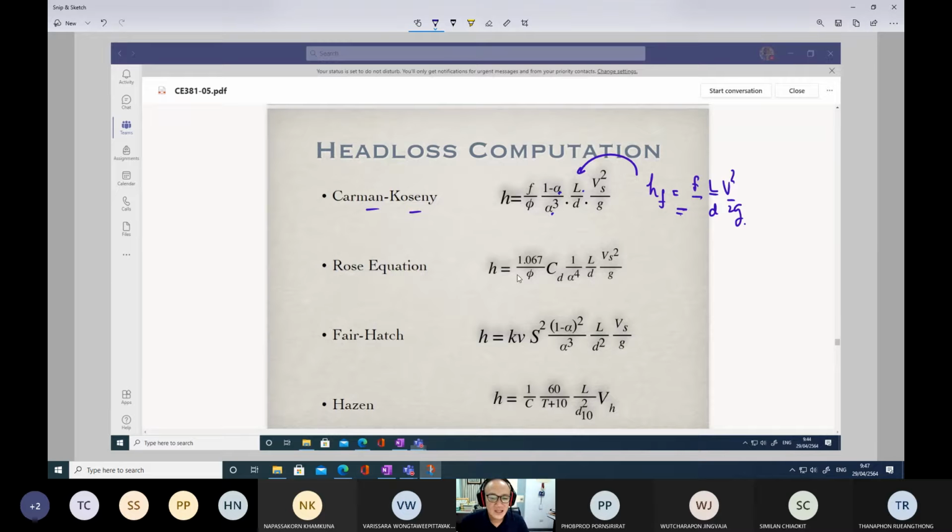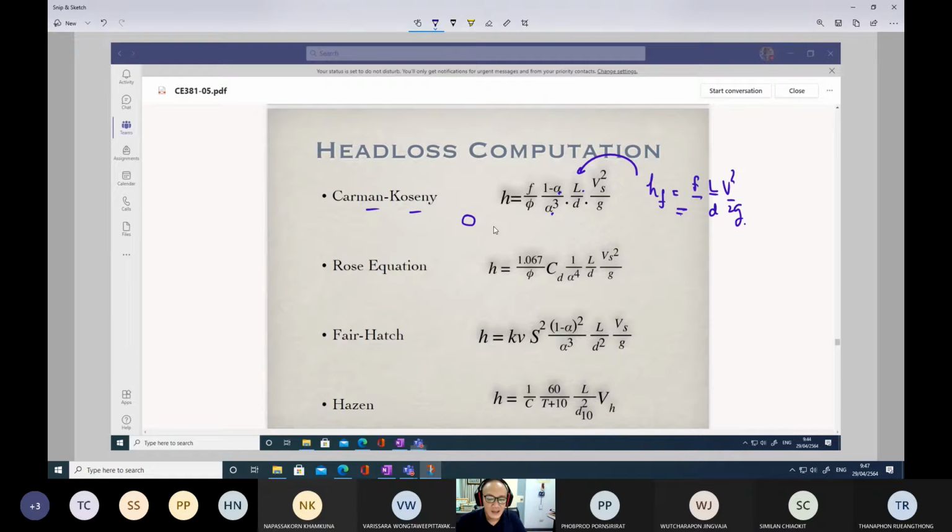Another equation that we also use very often is the Rose equation. In the Rose equation, the head loss is actually a function of the shape factor. This one is the shape factor, so it depends on the type of the grain. If it's round and smooth, the shape factor will be one.